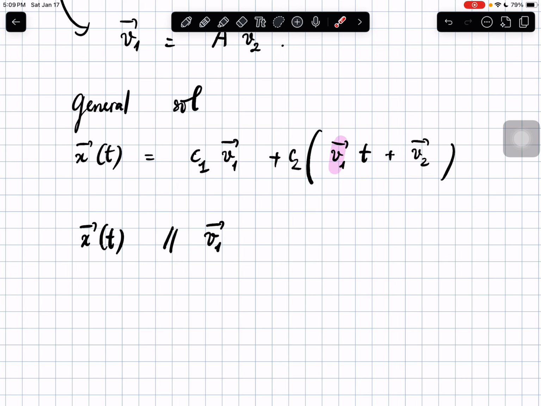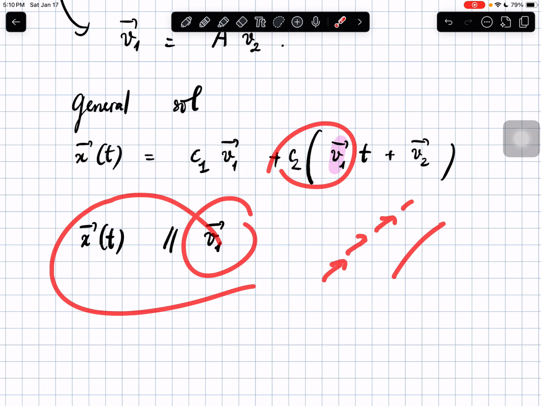The derivative of x gives the direction field, and the constant term disappears. The derivative with respect to t equals c2 V1. So that's why the direction field is always parallel to V1, and the solution curve is parallel to V1.